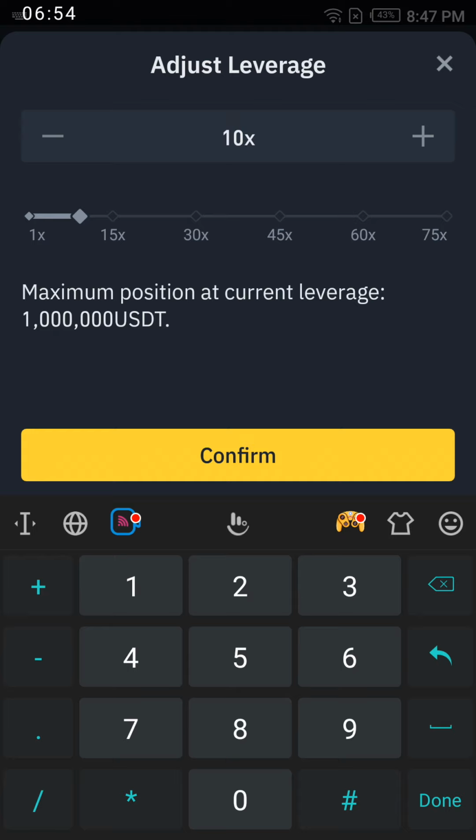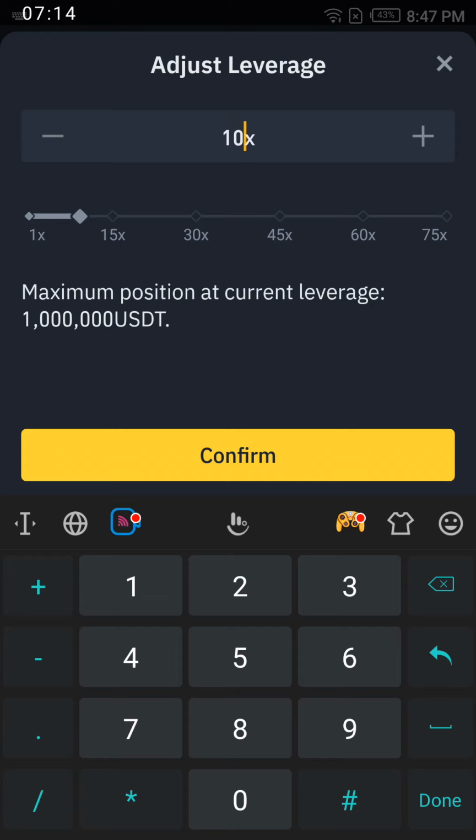Whenever your balance finishes, then it will liquidate you. So it's going to liquidate both the amount you put on the trade and the amount you have on your balance. The implication is that if you have another opportunity to enter, you don't have any other money to hit the market except your charge.